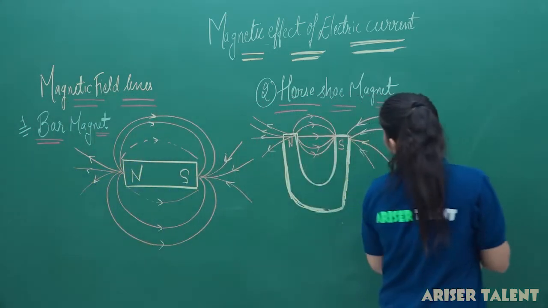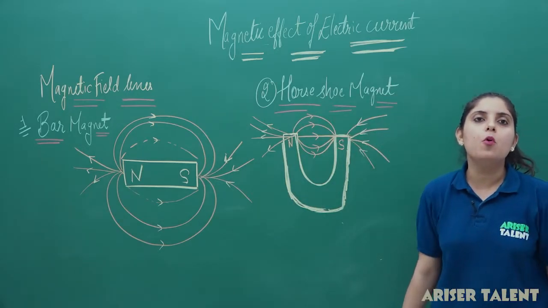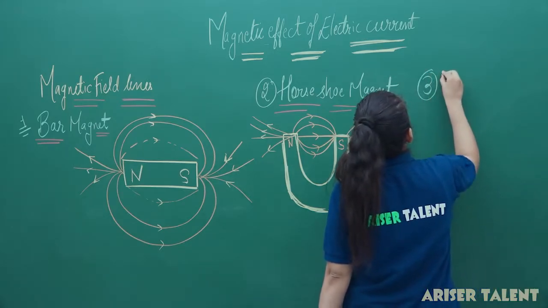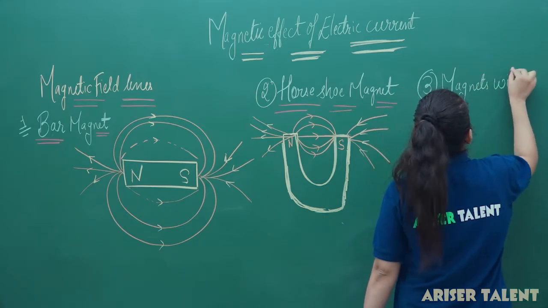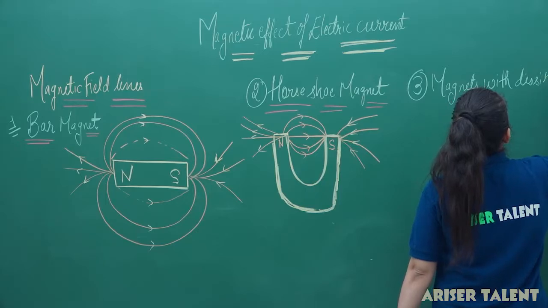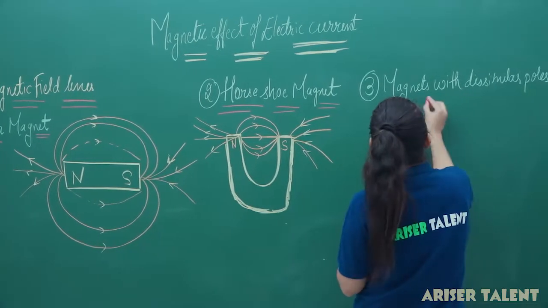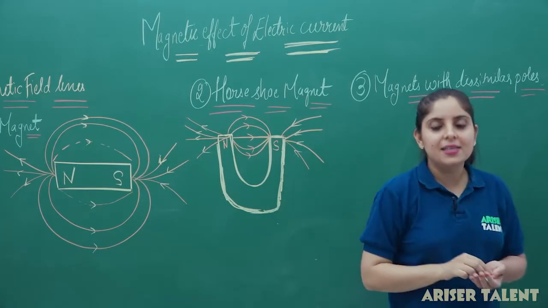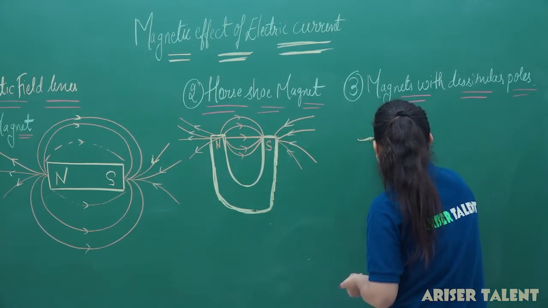Now thirdly, I can draw the magnetic field lines in the case of magnets with dissimilar poles. So in the case of magnets with dissimilar poles, what do I have to do if I am going to draw the magnetic field lines? I have to take a magnet like this.